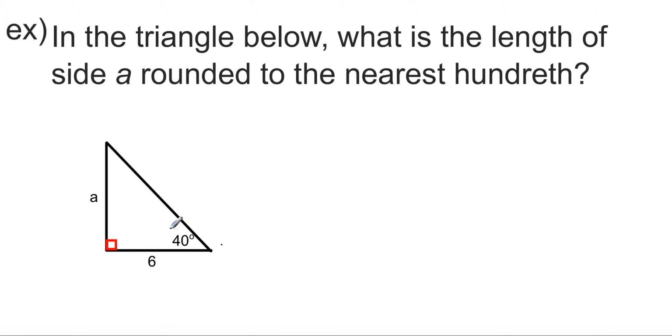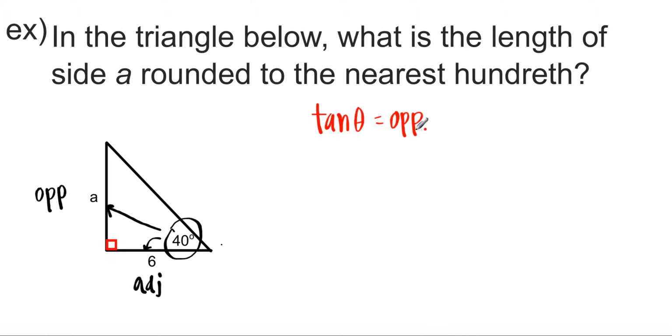So we're given this angle here, 40 degrees, and with respect to 40 degrees, the opposite side is A, so that's your opposite side, and 6 is next to it, which is adjacent. And if I have opposite and adjacent, then I know I'm using tangent because tangent is defined as the opposite over the adjacent.